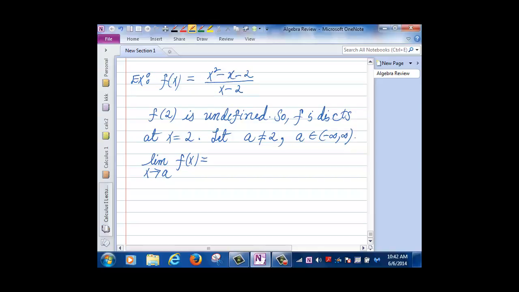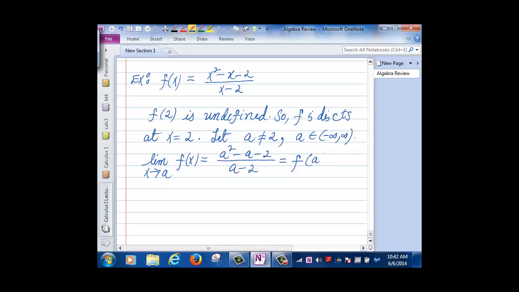You just plug in, as we saw when we talked about limits. So the limit is a squared minus a minus 2 divided by a minus 2. However, that's exactly the value of the function at a.